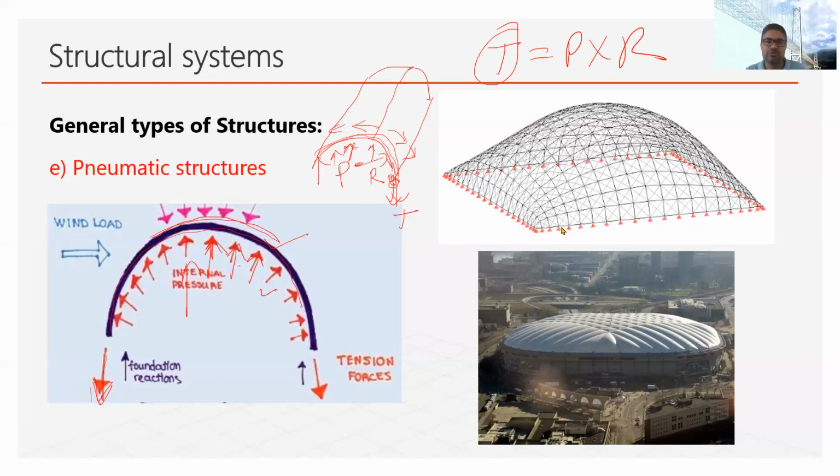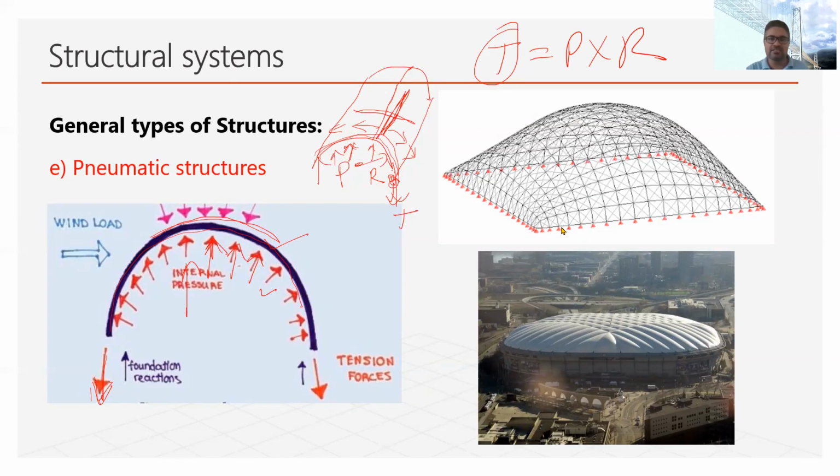Why? Because as I told you, there is a concept that internal pressure is directly proportional to the curvature of the membrane. So basically, in case of a cylinder, there are two directions. One direction is this one, and the other direction is this one.